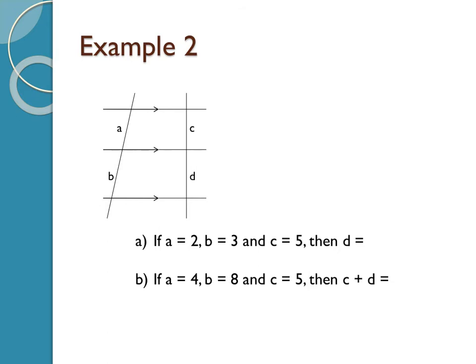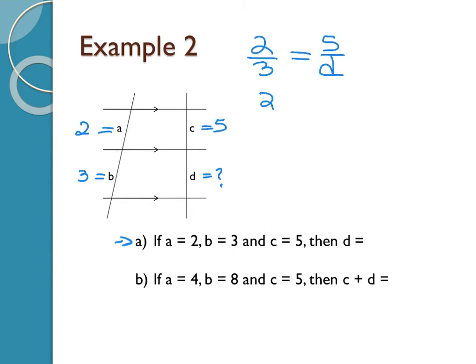So again, they're giving us different numbers. So let me go ahead and label for part A. A equals 2. B equals 3. C equals 5. And we don't know D. Now, a whole bunch of different ways that we can set this up. So we can either do top to bottom. So 2 over 3, 5 over D. I could also do side to side.